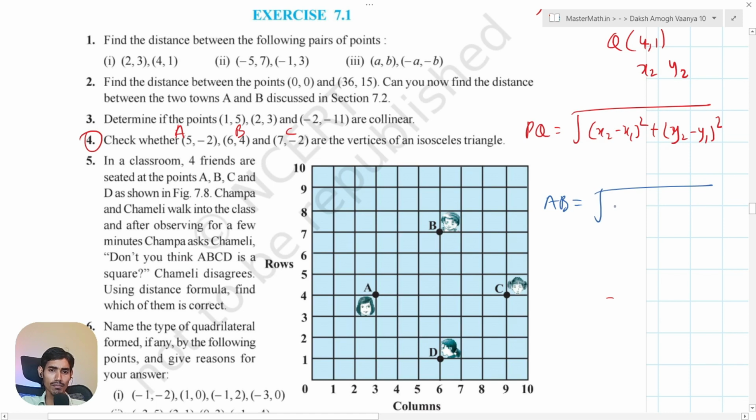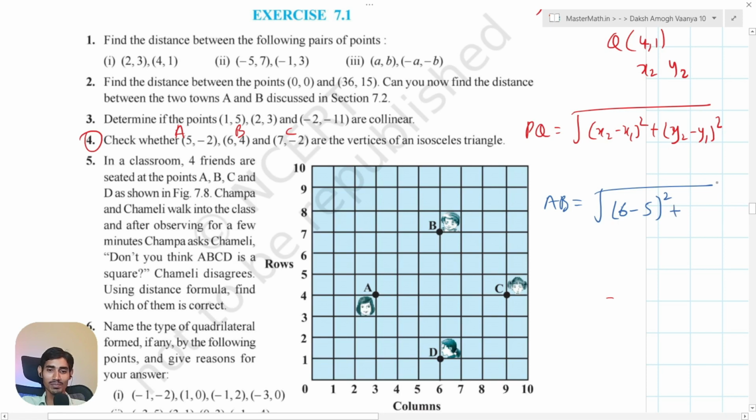X1 and X2. So what's the formula? First thing, the formula is x2 minus x1. Although it doesn't really matter because you're getting it squared, write it correctly, okay? Don't confuse yourself and the person in front who is checking.